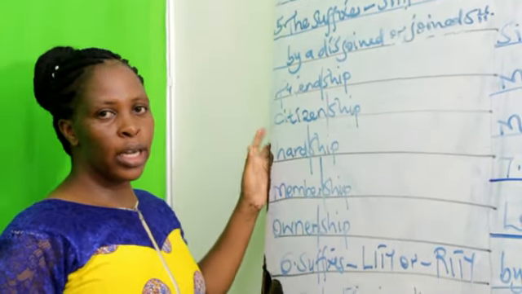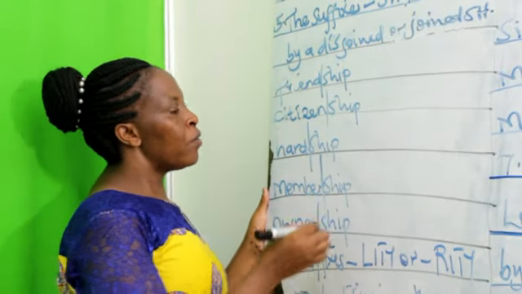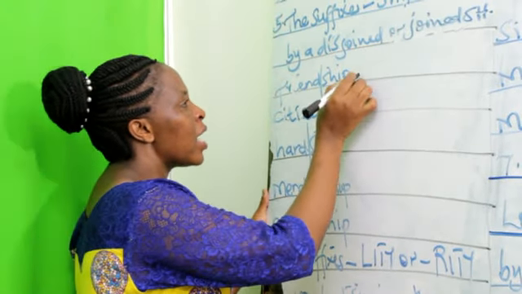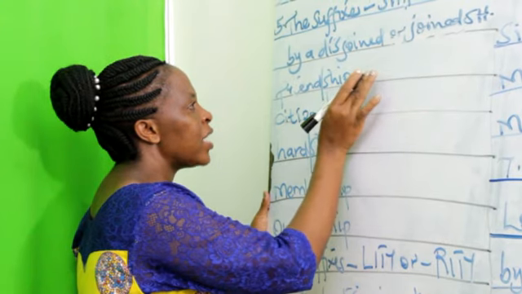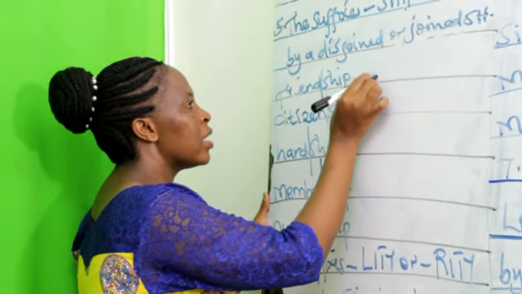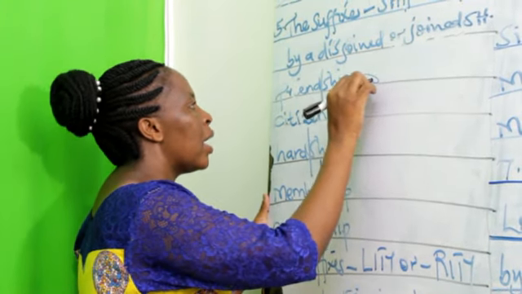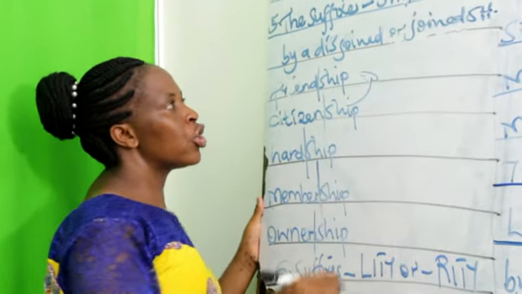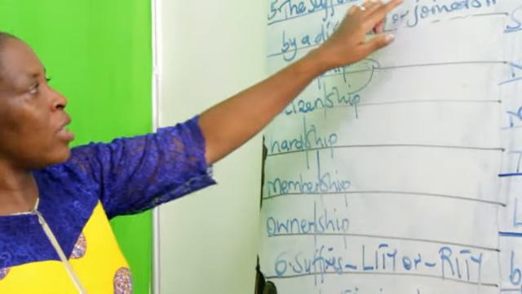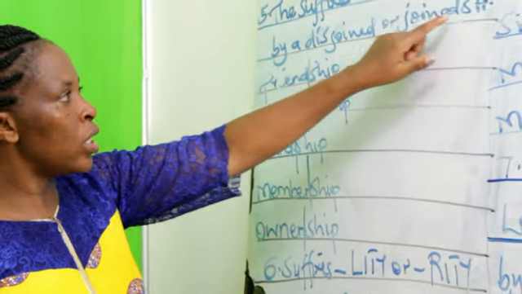So we are going to drill the word friendship. Friendship is a reversed F hooked for R on the line, and then a stroke of ish. This one can be represented with a disjoint or a joined stroke of ish.